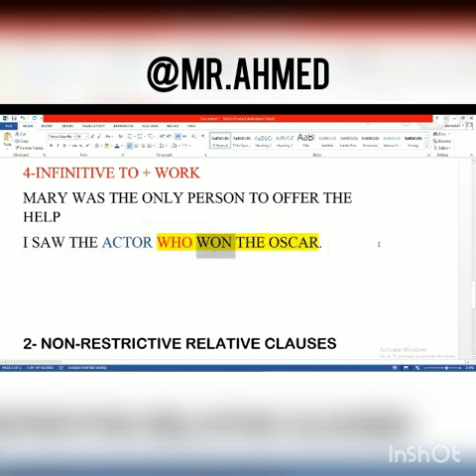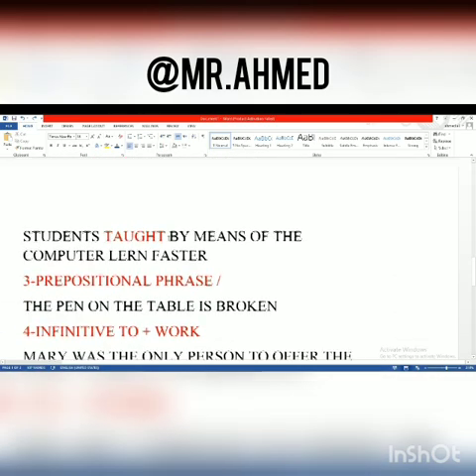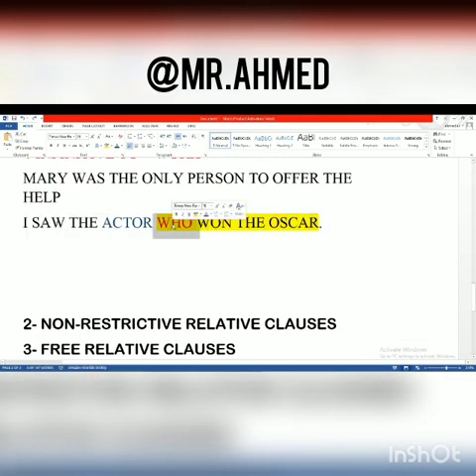We can delete the pronoun here: I saw the actor winning the Oscar, or won the Oscar, or to win the Oscar, or a prepositional phrase. The feature that distinguishes it is no punctuation, no comma, because restrictive clauses have no comma. As we said, this is anaphoric: the relative pronoun refers back to the actor, which we call the antecedent. So this is restrictive relative clauses on pages 270 and 271. Thank you very much.